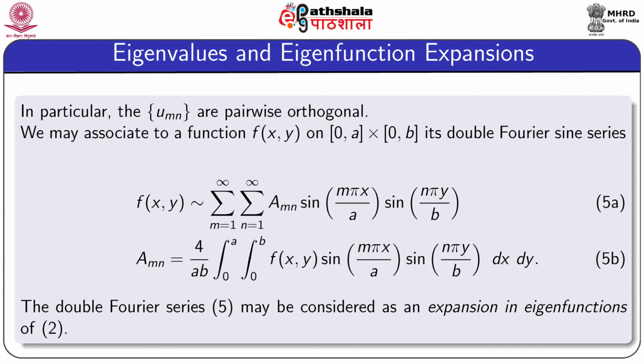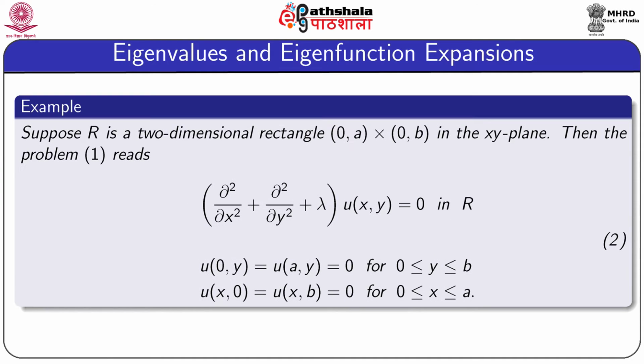The value of the constant amn can be obtained using the orthogonality property of the sine series. Thus, the Fourier series 5 may be considered as an expansion in eigenfunctions of 2. In this way we can represent a function f of x y in terms of the eigenfunctions of the operator given here, or in terms of the Laplacian operator.